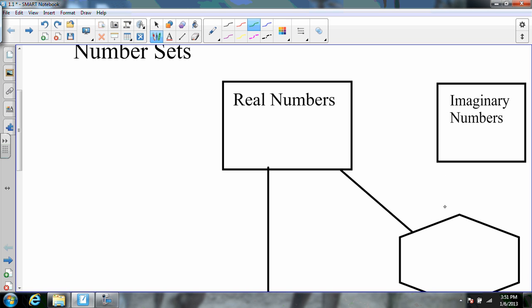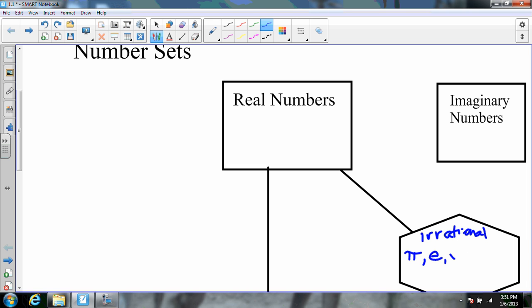There are also irrational numbers. And in that we put pi, which is 3.14, but it keeps going and doesn't repeat. There's also the letter e.